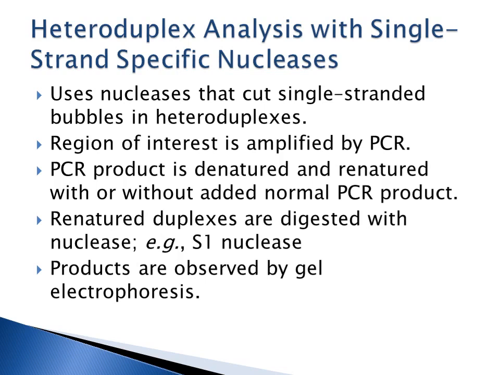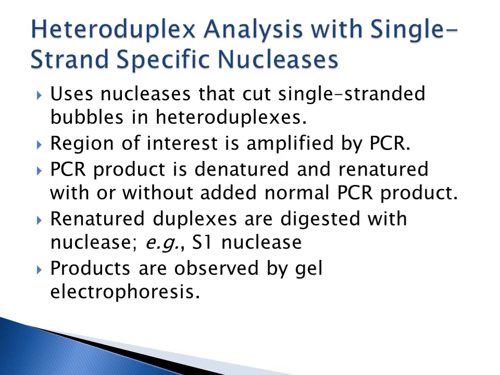You can analyze your heteroduplexes using single-strand specific nucleases. Nucleases are enzymes that cut single-stranded bubbles that occur in a heteroduplex. You can amplify your region of interest using polymerase chain reaction.